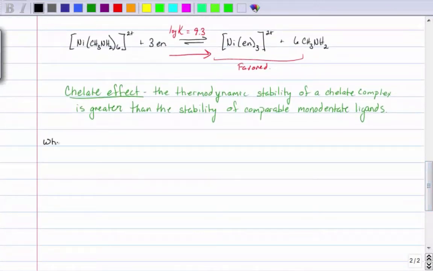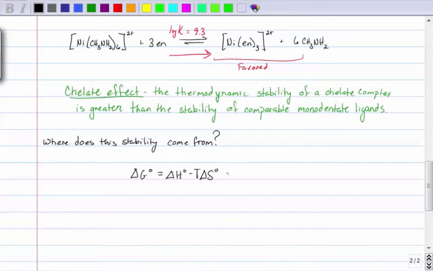Where does this extra stability come from? It comes from entropy. So I want you to reach back into your P-Chem or Gen Chem memories. Remember that there are a couple of equations that tell us something about how the entropy, enthalpy, temperature relate to the equilibrium constant.